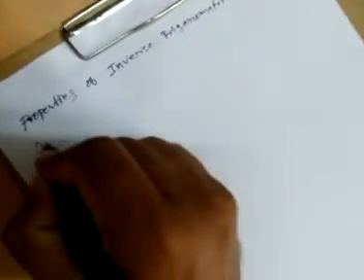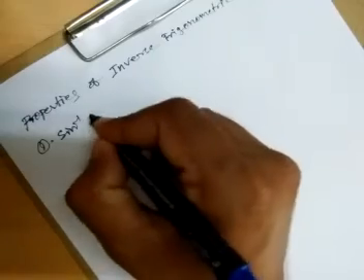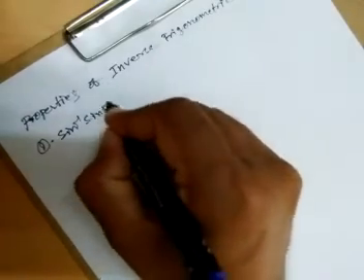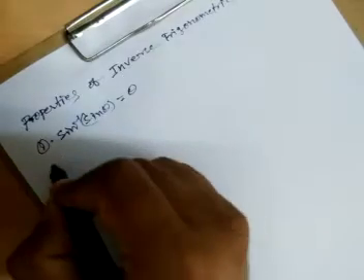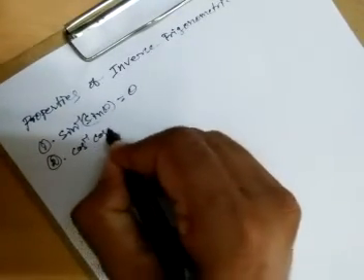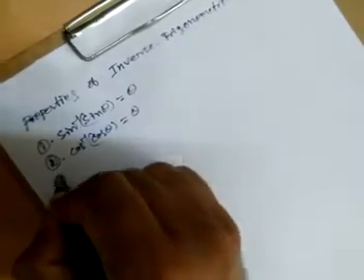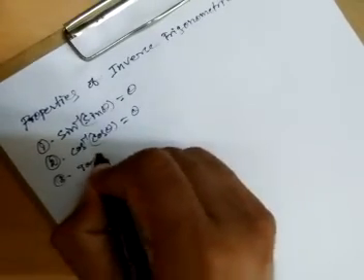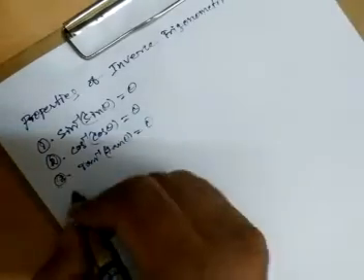The first property is sine inverse of sine theta equals theta. Second, cos inverse of cos theta equals theta. Third, tan inverse of tan theta equals theta.